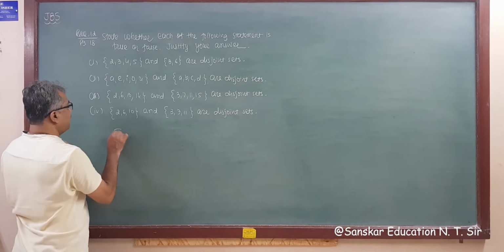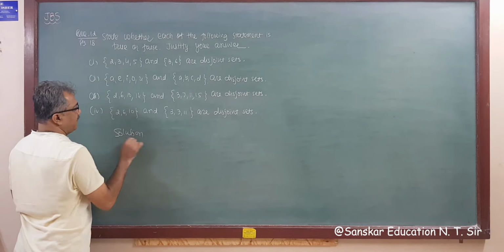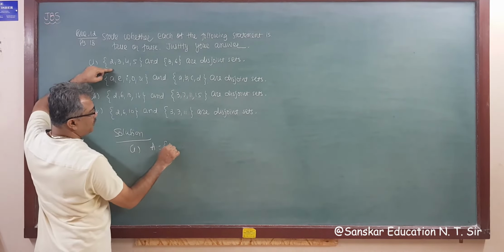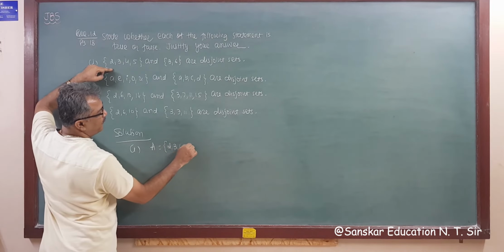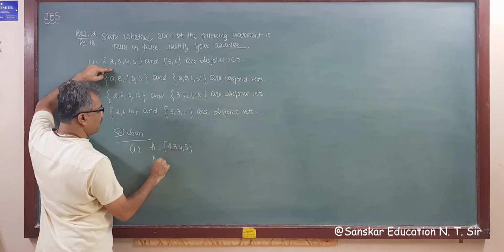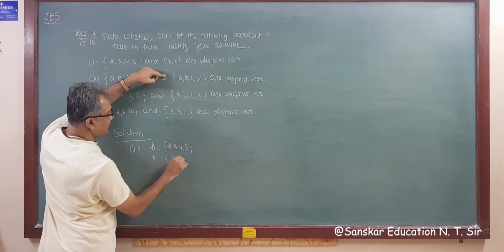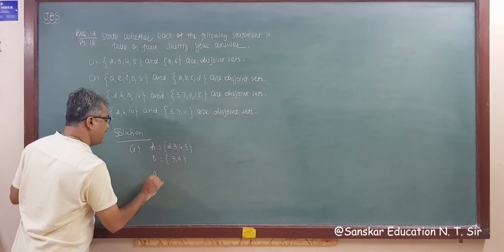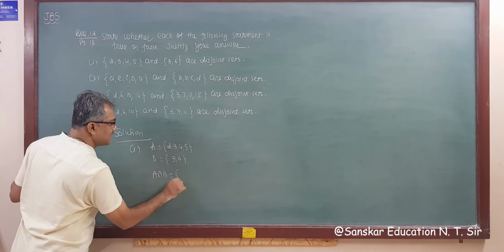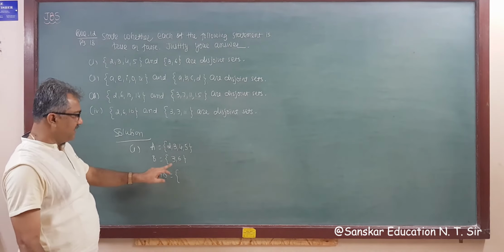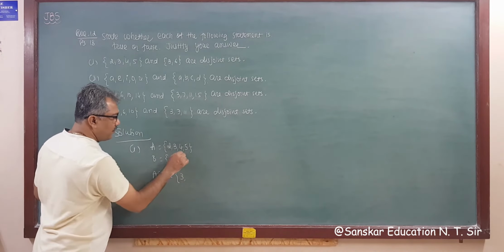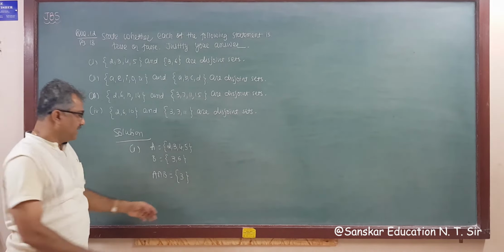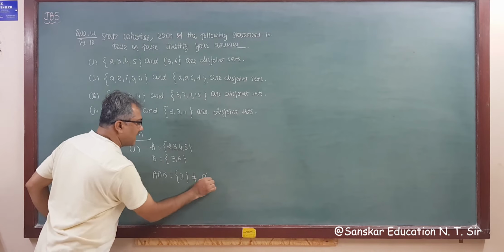So for the solution, first we assume that the first set is A. So A is equal to 2, 3, 4, 5 and B is equal to 3, 6. So the intersection of these two sets, A intersection B, is equal to: 2, no 2 here; 3, yes, 3 is there; 4, no; 5, no. So 3, this is a singleton set, not equal to the empty set.